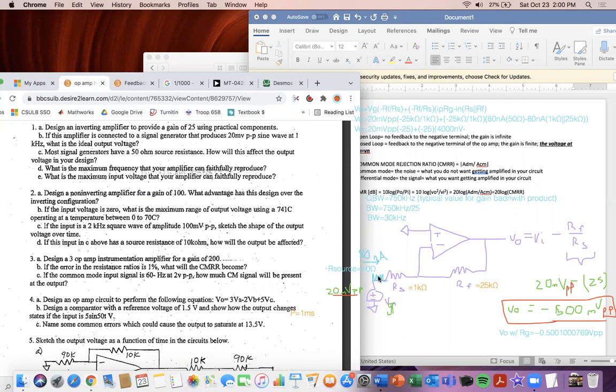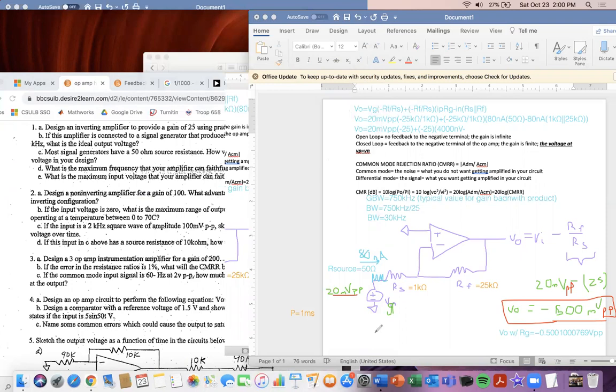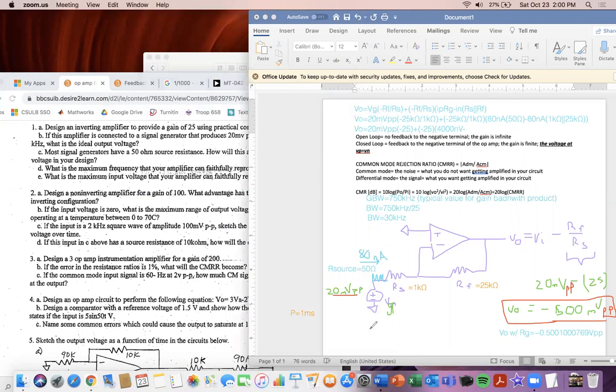So G equals voltage output over voltage input, if you think about it. And so we know voltage output, if we think, what's the maximum input voltage that your amplifier can faithfully reproduce? So let me real quick pause and look at this. Sorry, I have to pull up just an equation, so give me a sec.